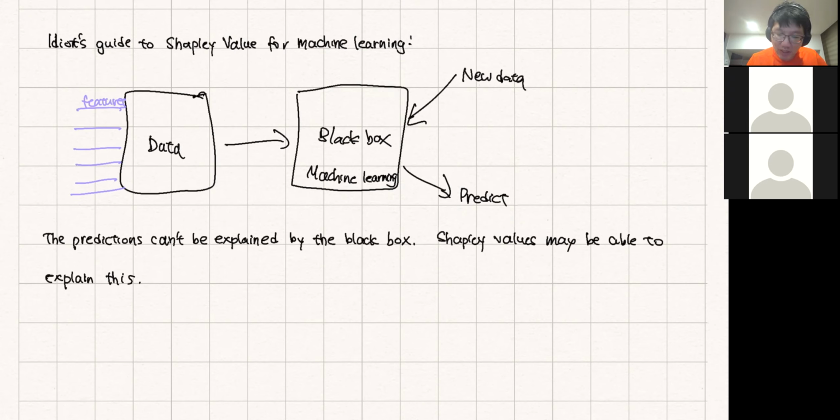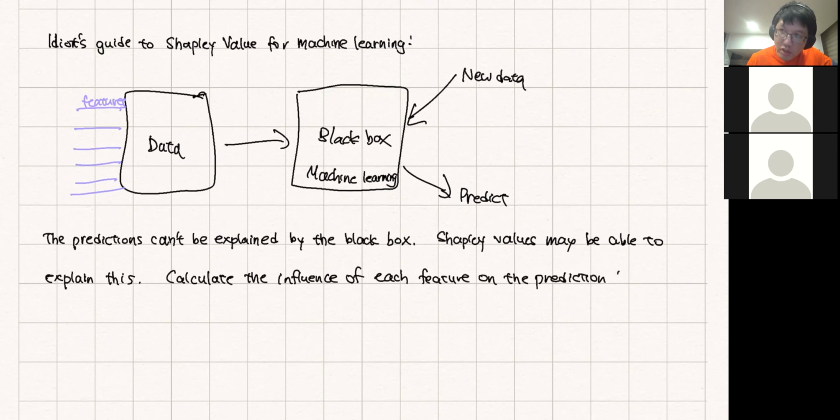Okay. All right. So what one could do, based on a short reading, is that you can calculate the influence of each feature on the prediction by calculating its Shapley values.